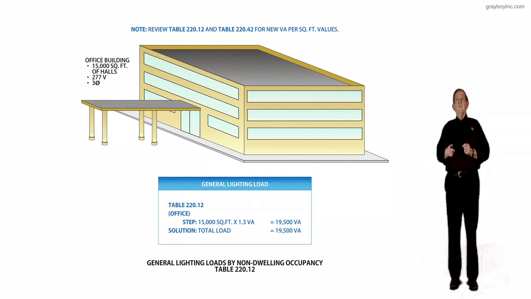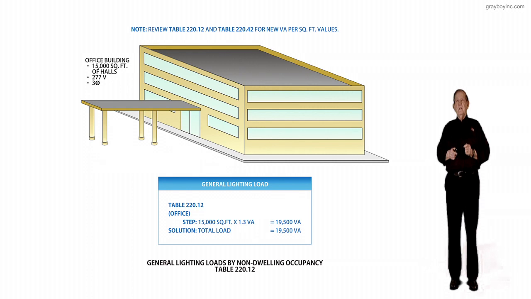So the office building to the left states 15,000 square feet, 277 volt, 3-phase. So we would take the 15,000 in the boxed-in calculation, times the new VA rating of 1.3 VA equals 19,500. Now, notice that basically speaking, the 125% does not have to be applied.